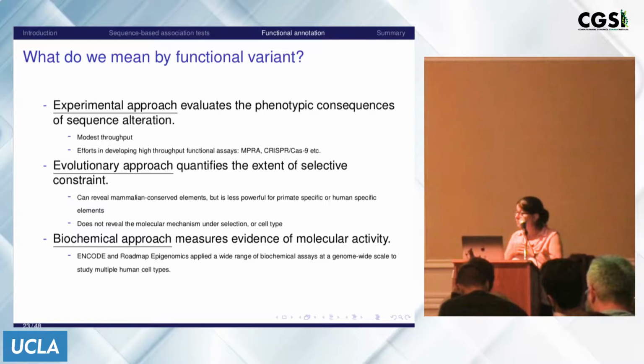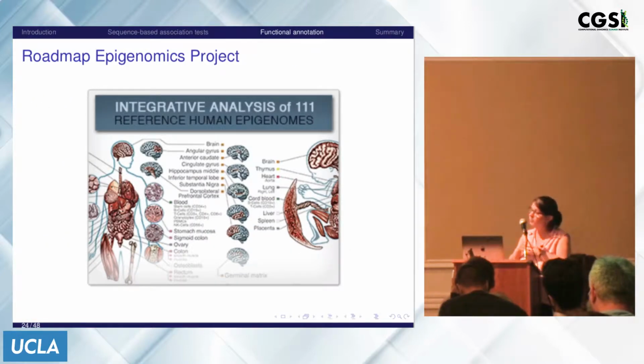And so Roadmap Epigenomics is a large-scale project that employed this biochemical approach. They basically performed biochemical assays genome-wide across a large number of tissues and cell types in the human body.